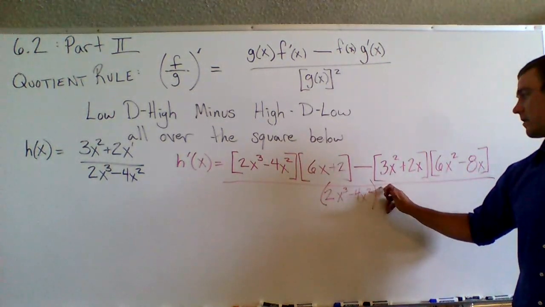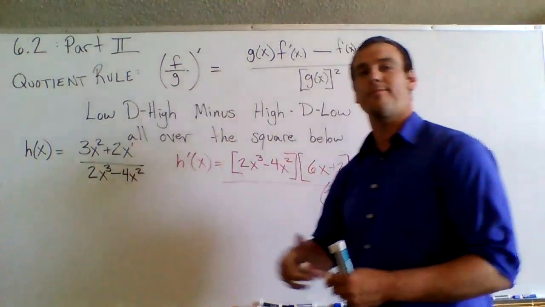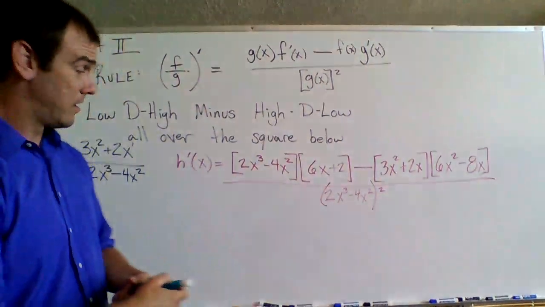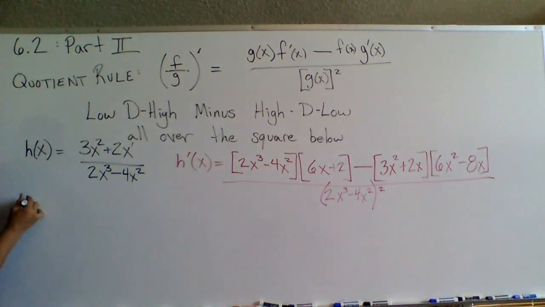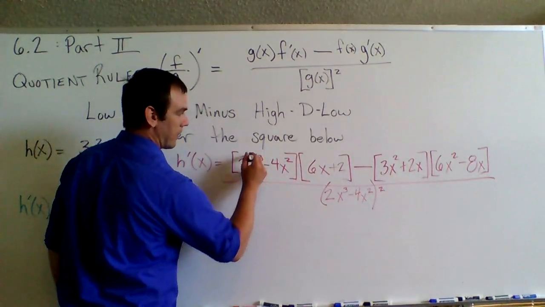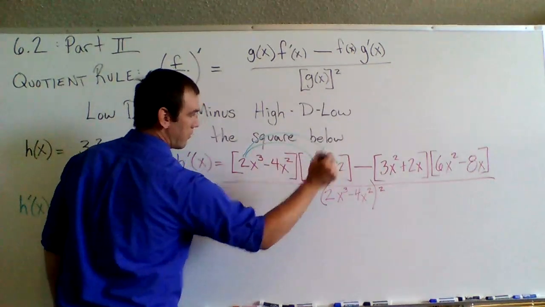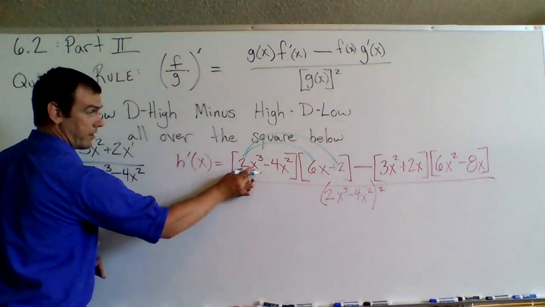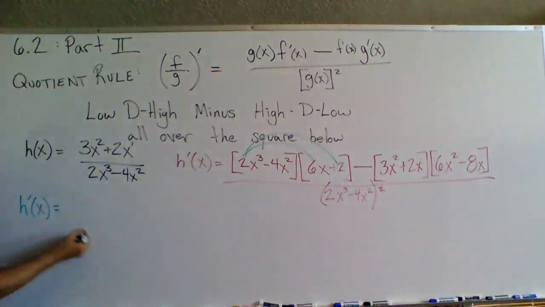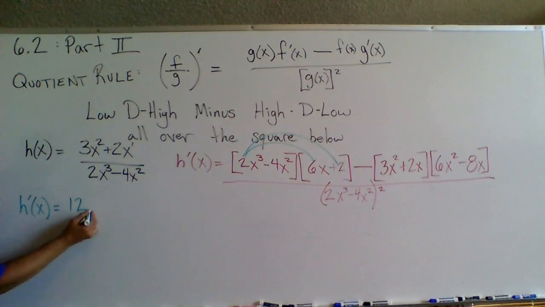all of that squared. Okay, so now we got to clean this up, which is going to be so much fun. Let's just jump over here. H prime of x. Okay, so guys, make sure you FOIL, double distribute, whatever you want to call it. My first one here, I'm going to distribute my 2x to the third. 6x is going to be 12x to the fourth.